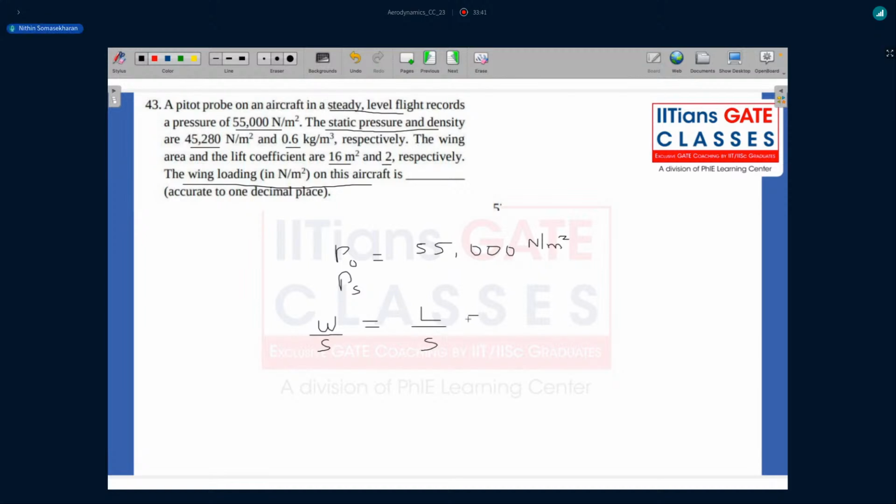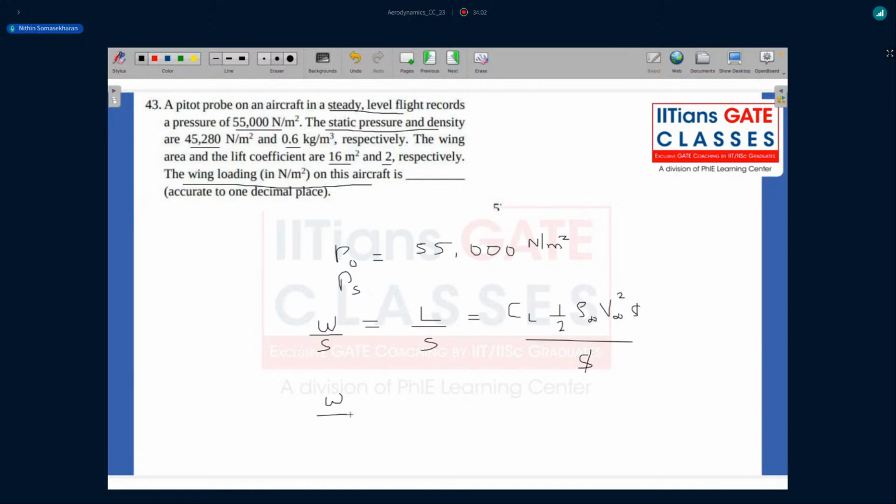And lift can be written as the lift coefficient times half rho infinity v infinity square times S, divided by S. So S and S you can cancel out.